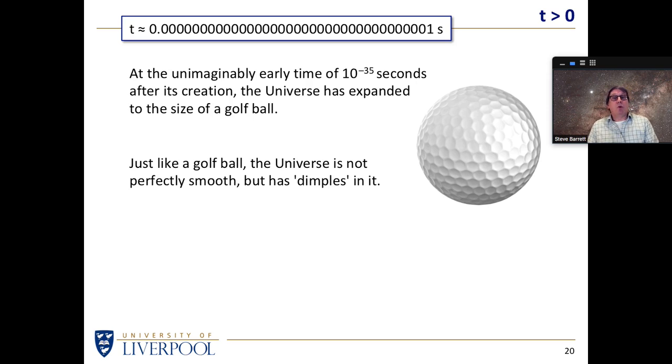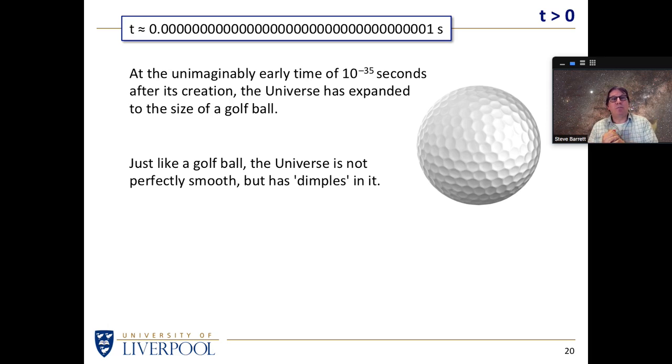Just like a golf ball, the universe was not perfectly smooth at that point. It had dimples in it. Okay, not little hexagonal dimples like a golf ball, but the analogy is that the universe was not perfectly smooth. Some parts of the universe were slightly more dense than others. Some parts of the universe were a slightly higher temperature than other parts. There were variations in density and variations in temperature.